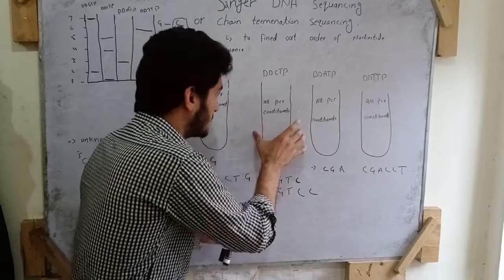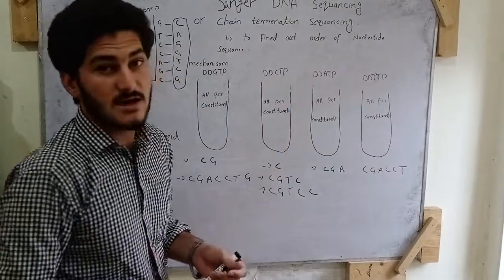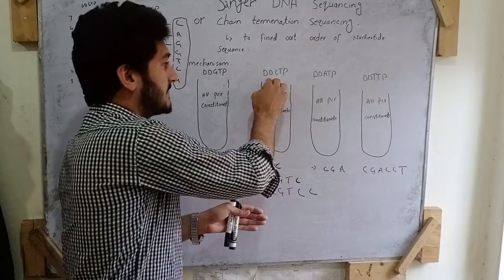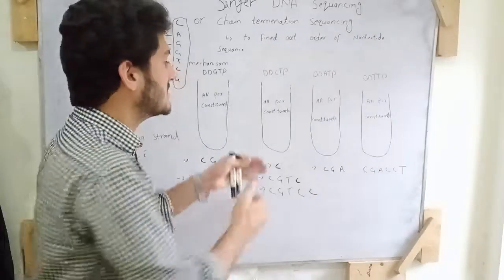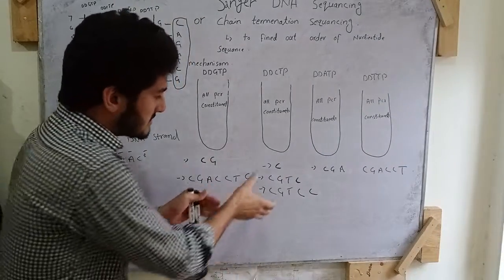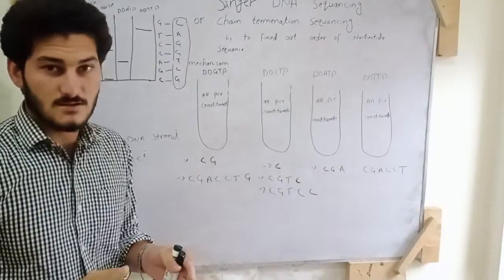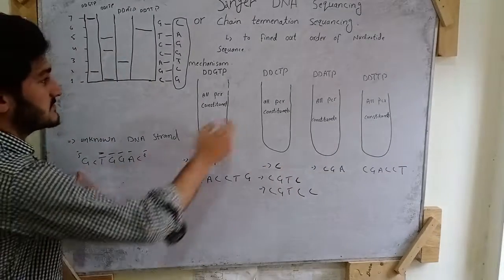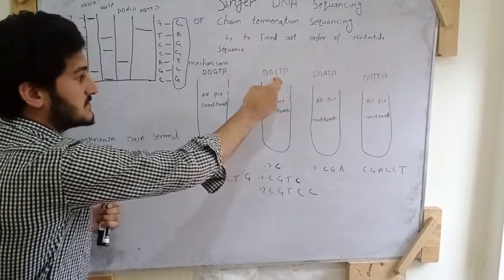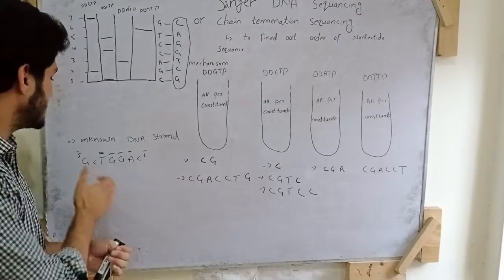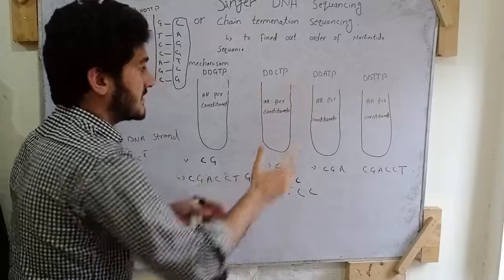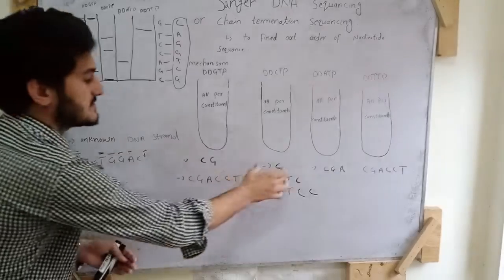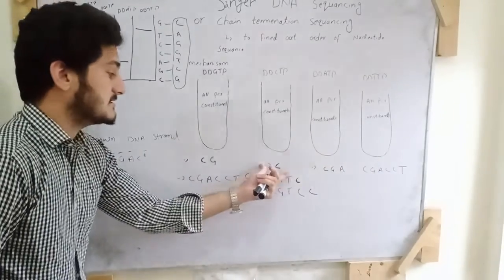Now let's come to the second PCR tube. It consists of all constituents of PCR, and dideoxy CTP is also present in this tube. Three fragments are made in this tube. The first one is C. We know that C is present, and the complementary nucleotide of C is G. So when the modified nucleotide comes and attaches here, the chain is terminated on this fragment.